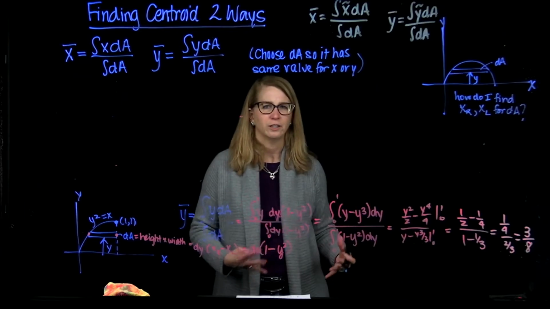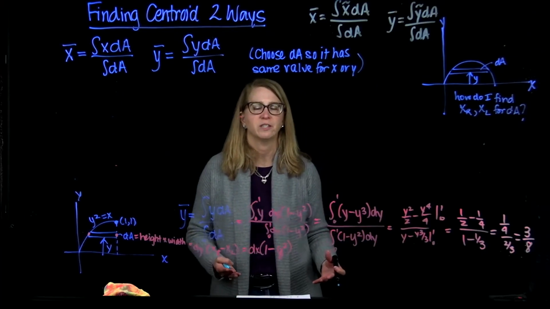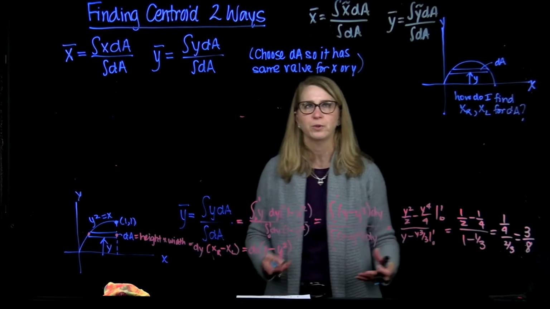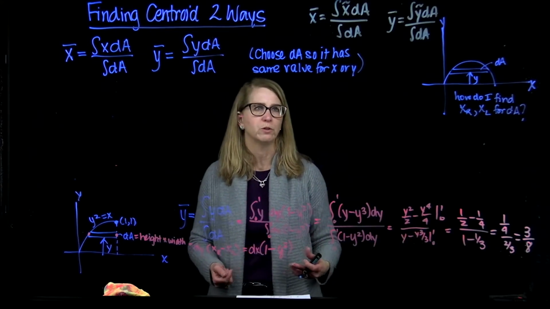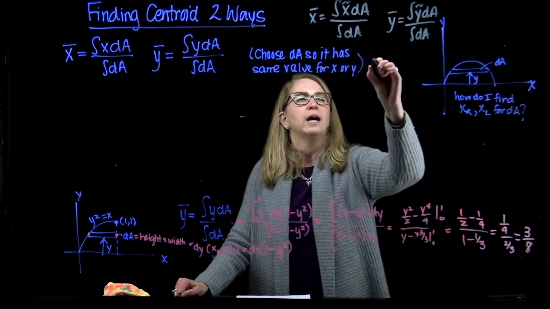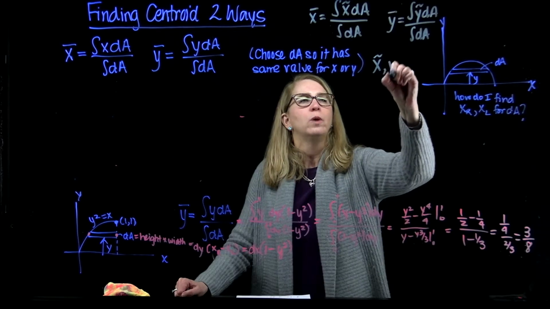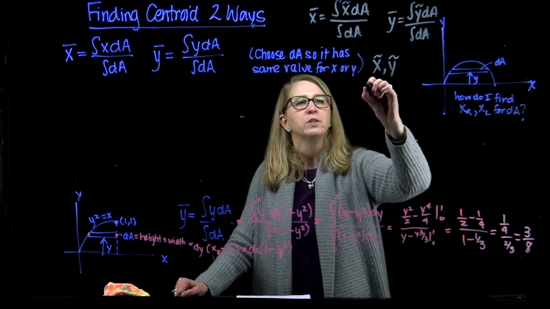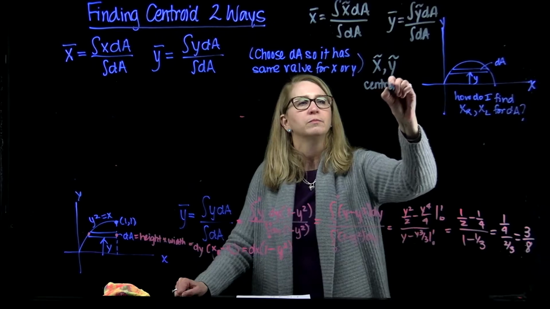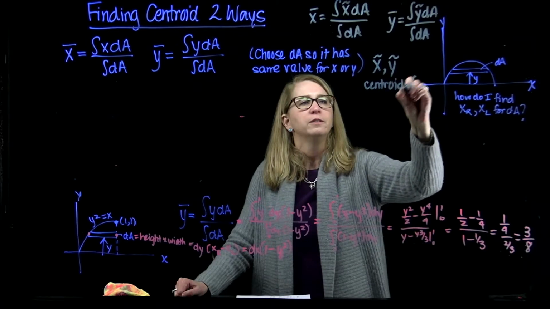And you're going to say, well, it almost looks exactly the same, except here you have x with a squiggle on it and y with a squiggle on it. The x with the squiggle and the y with the squiggle represents the centroid of dA.